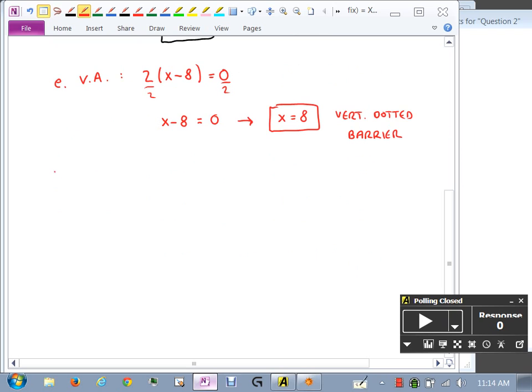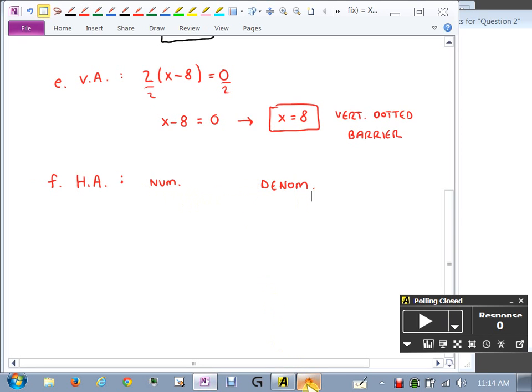Part F, horizontal asymptotes. So what am I supposed to do for this? Degree of the numerator. So I'm just going to put numerator and denominator, and I want everyone to please understand degree, denominator. Okay. Tell me what the degree of each of these are.